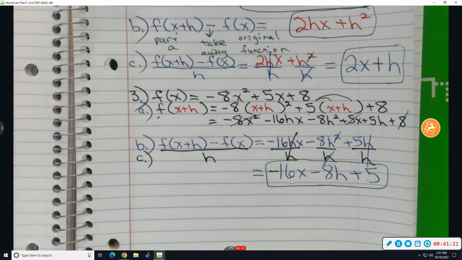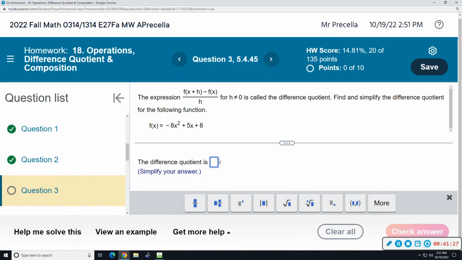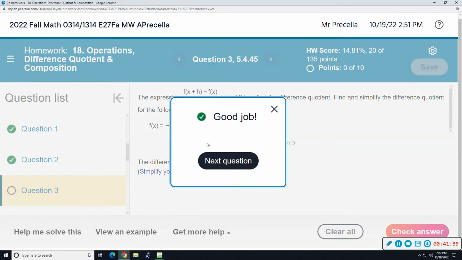But all they want us to type in is the final answer, negative 16x minus 8h and a plus 5. Is that what we had? Yes. Any questions there?